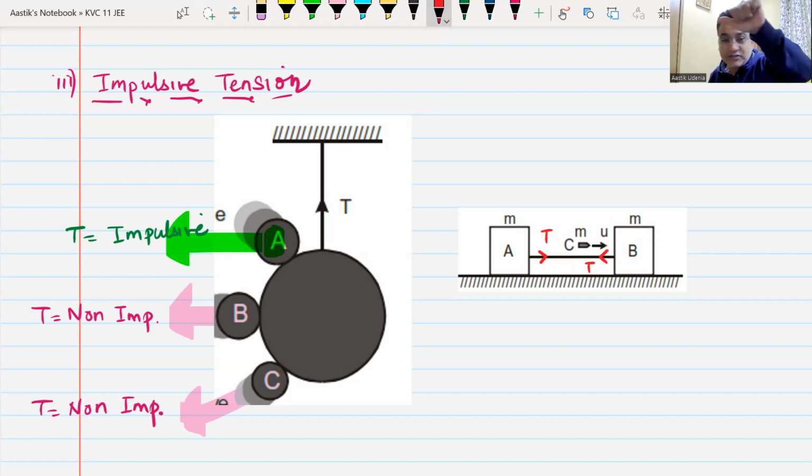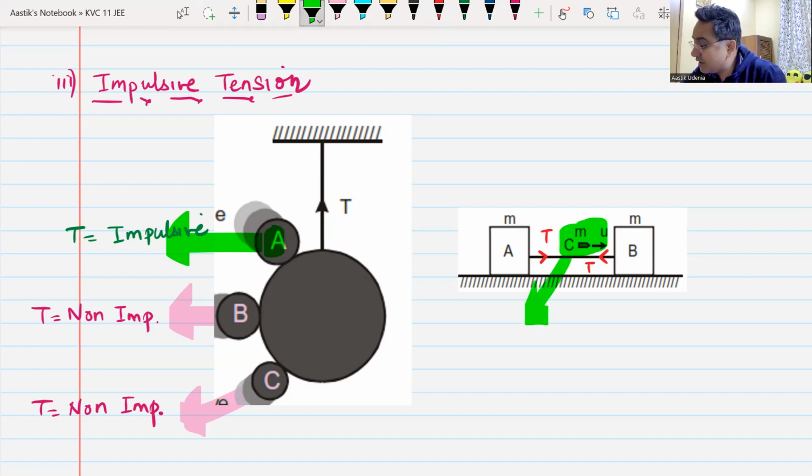Impulsive, because when the bullet strikes, the tension is going to stop the block. Therefore, in this green case, tension is impulsive.